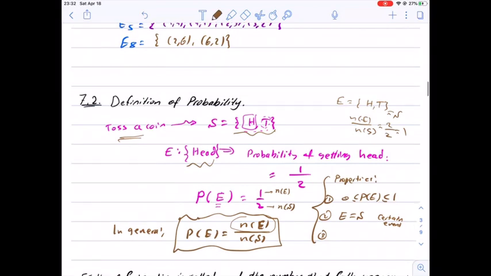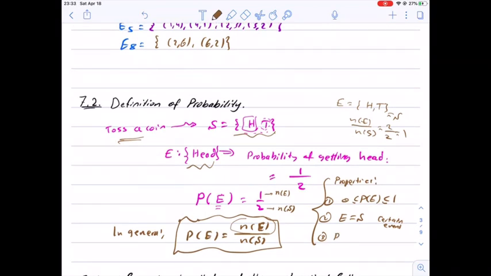Or certain probability. And we also have the following: probability of E plus probability of F is equal to 1 if E union F is S and the intersection is phi.